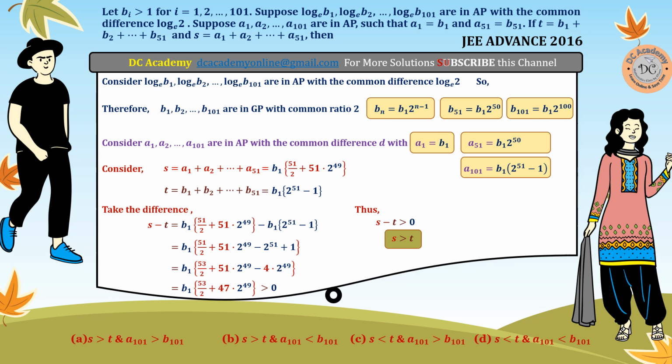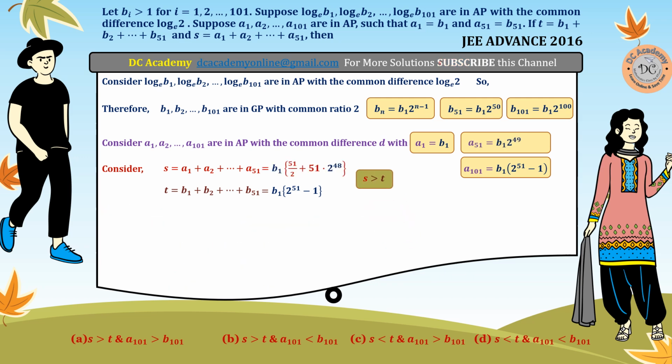Now we need to find out between A101 and B101 which is actually the higher value. That's the last step remaining. Let's go ahead. To find the difference between A101 and B101, which is higher, we go ahead with the ratio.